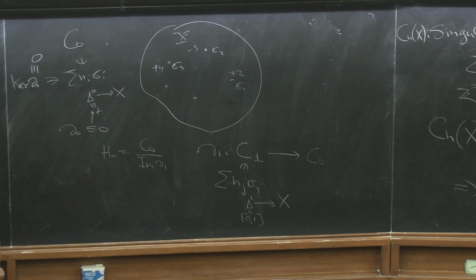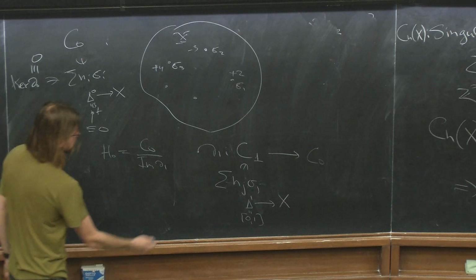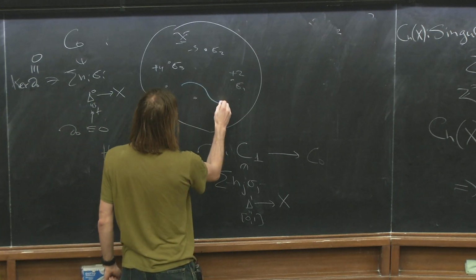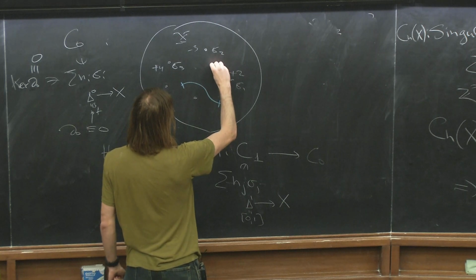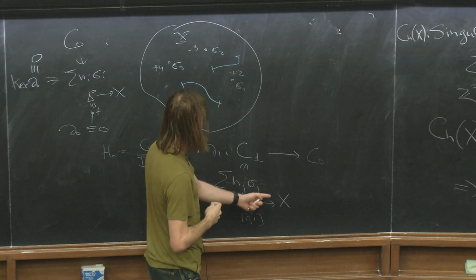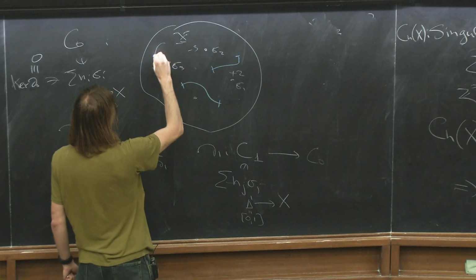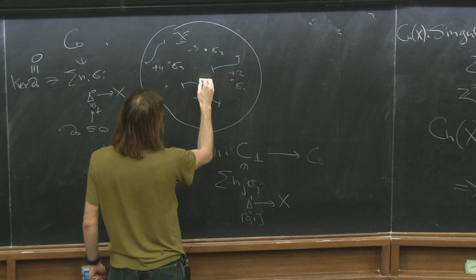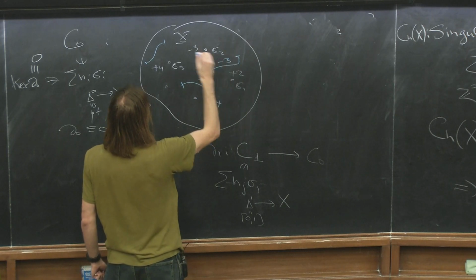So an arbitrary element in C1 is a bunch of intervals mapped to X, and each of them is weighted by some number.